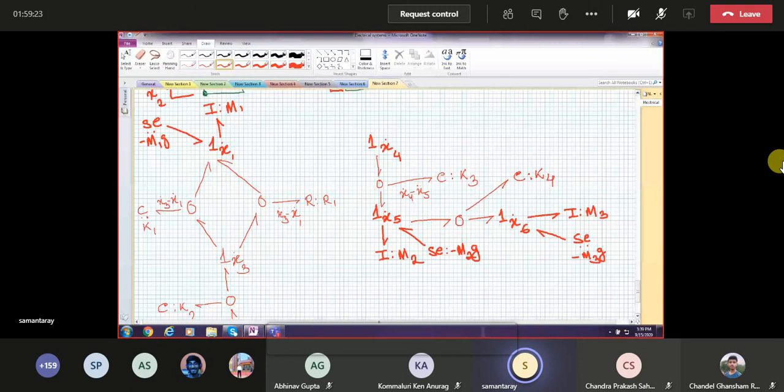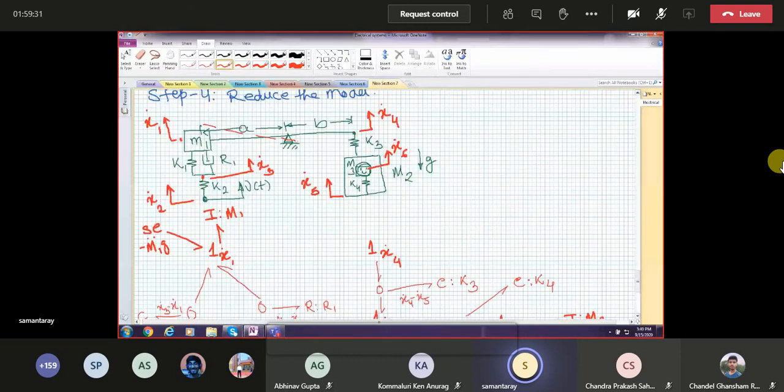If it turns by theta dot, let's say, then x1 dot is a times theta dot, and x4 dot is minus b times theta dot.